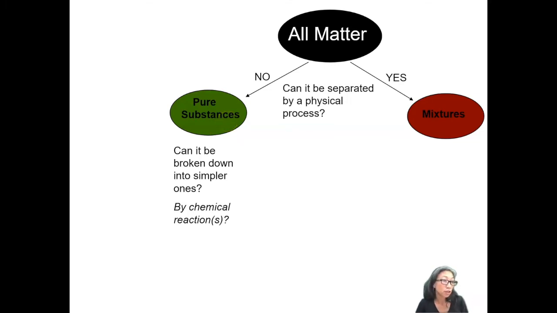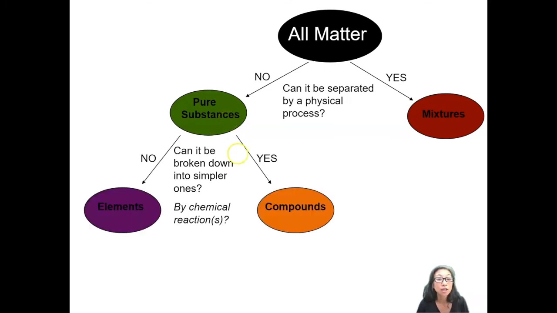If this happens by a chemical reaction, then you are talking about a compound. Basically, a compound is the elements bonded together. When you have a chemical reaction to separate the elements, then that must have been a compound to start with. If you cannot break it down with a chemical reaction, then it was an element that was not bonded to another element. We can't ask these questions of a mixture.